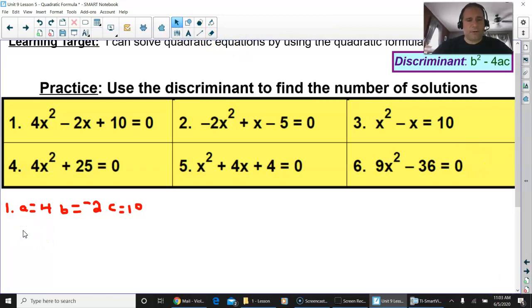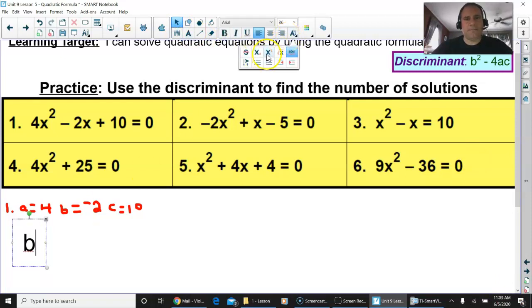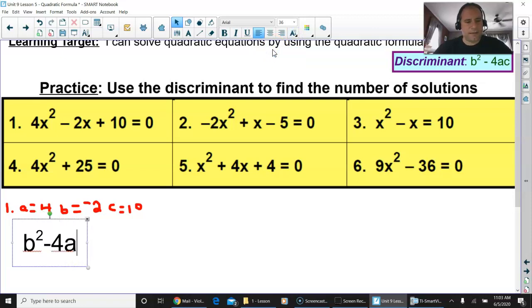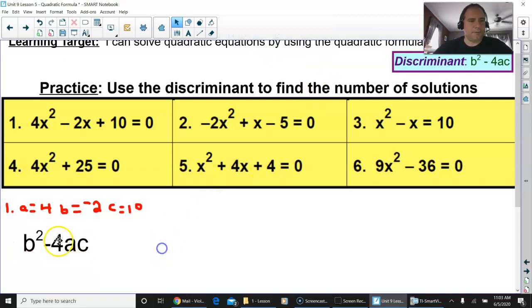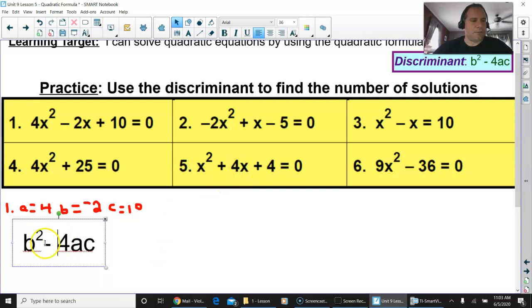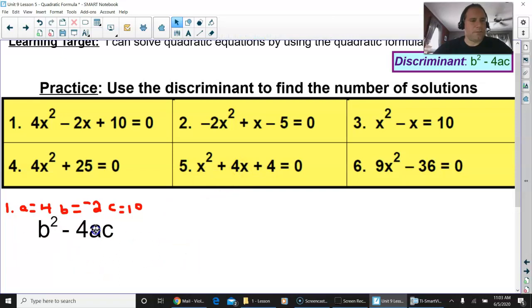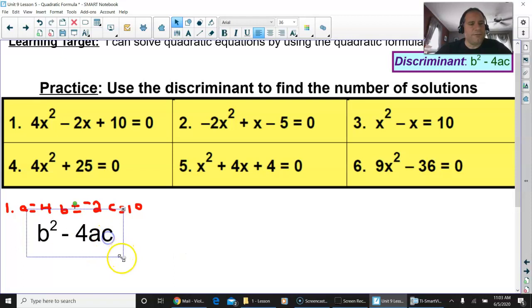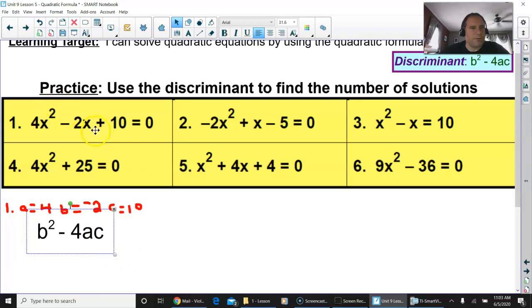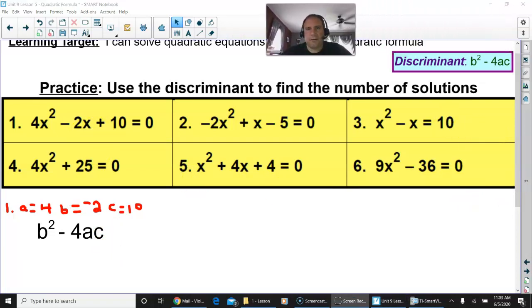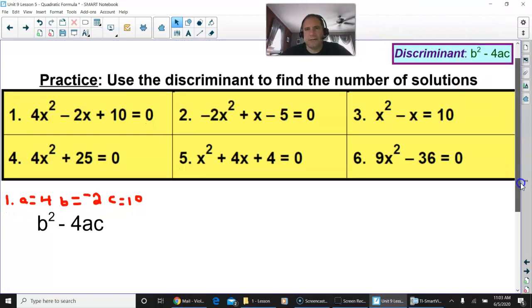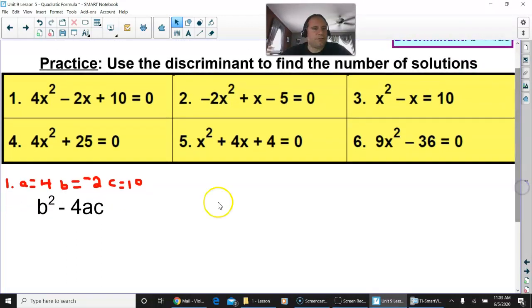So remember, it's b squared minus 4AC for all of these problems. And this is for number 1. There's no room to put it under here, but I'm going to just use what we have there. So the discriminant is this.